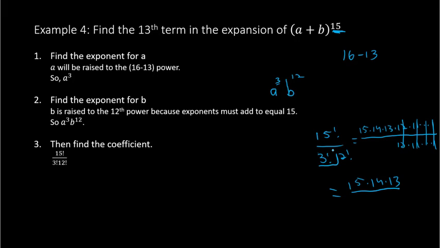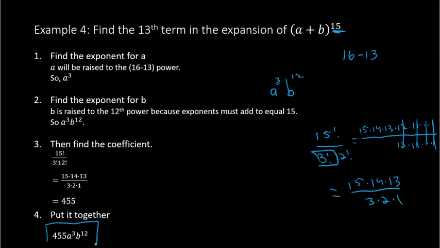And then don't forget this 3 factorial, which is 3 times 2 times 1. So we now have 15 times 14 times 13, divide by 3 times 2 times 1, and if you work through this correctly, your coefficient is going to be 455. So to put it all together, we have 455 times a cubed times b to the 12th power. So this here would be your 13th term of that expansion.